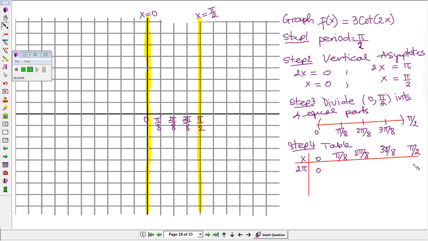That gives us 0, and your left end and right end become 0 and pi. So it becomes the values of your parent function of cotangent: pi over 4, pi over 2, and 3 pi over 4.